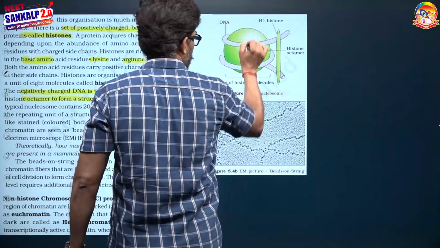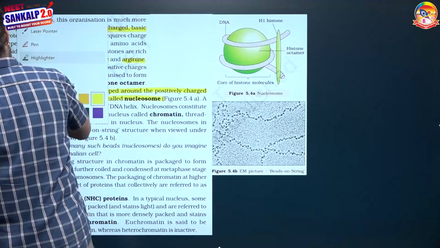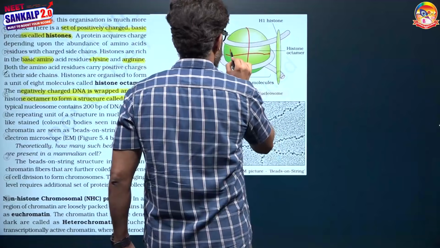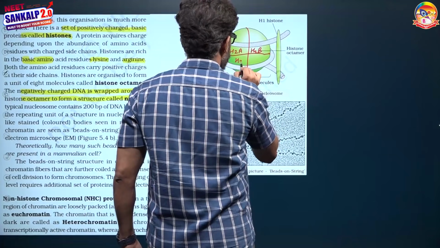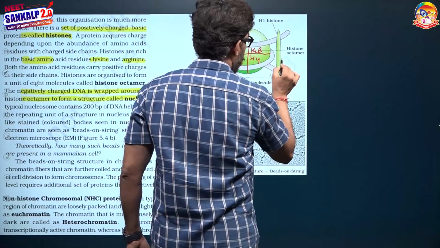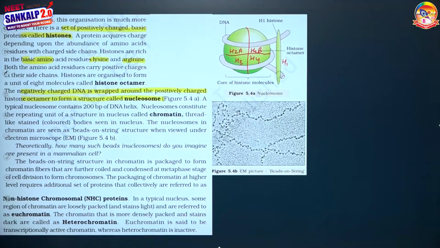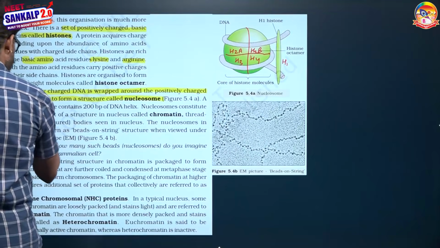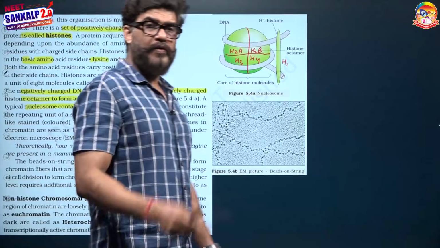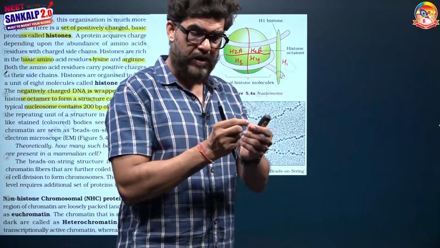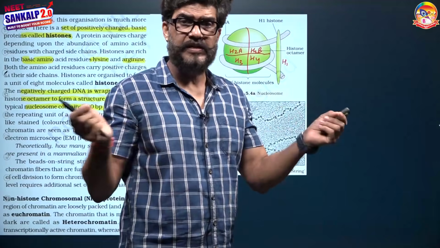This is the octamer and this is histone 1 for the sealing purpose. In a typical nucleosome, 200 base pair long DNA is accommodated, 146 around it and the rest, 54 to 60 base pairs, are present in the linker DNA.